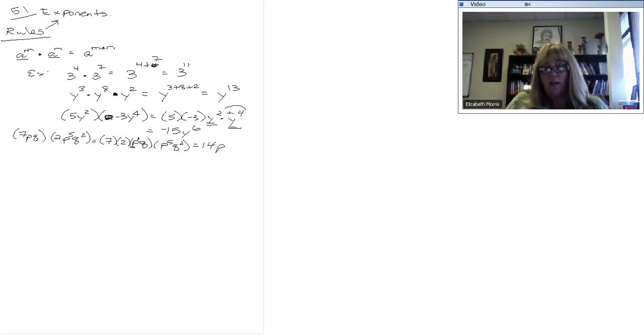So what is 1 plus 5? 6. And then the q's, there's nothing there, so it's a 1 plus 2 is 3. When multiplying, same bases, add exponents. Okay? If I had x squared times y to the 4th, this does not apply because the bases are not the same.